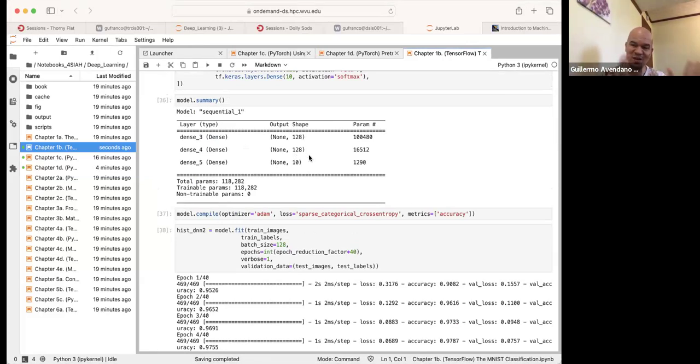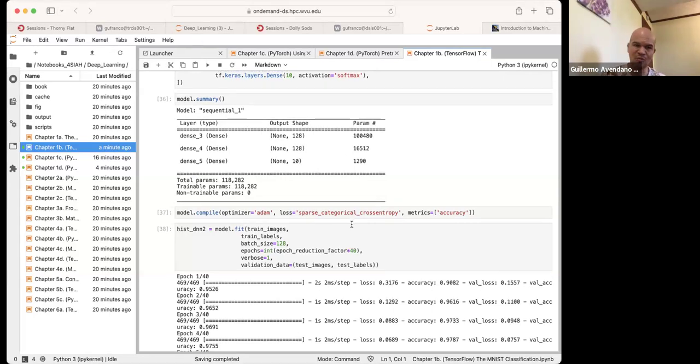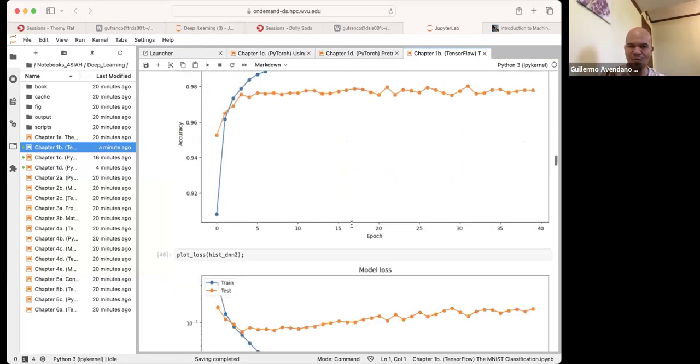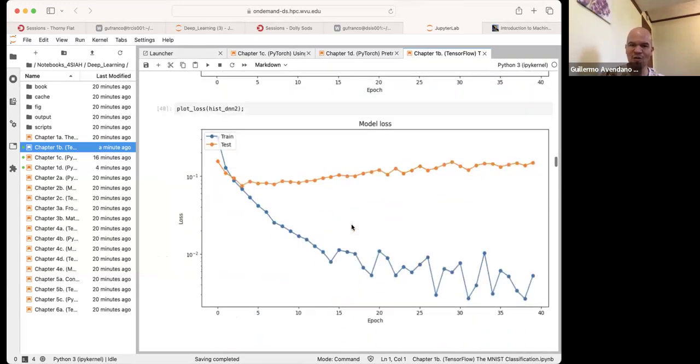So what if I change from 64 to 128? I am making the neural network bigger, not deeper, just the same hidden layers. And now I have more parameters to tune, 118,000 parameters, and I will be getting a different answer.